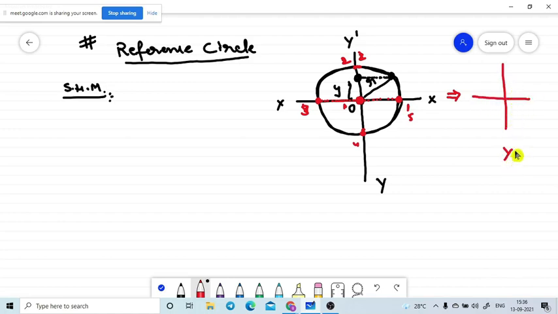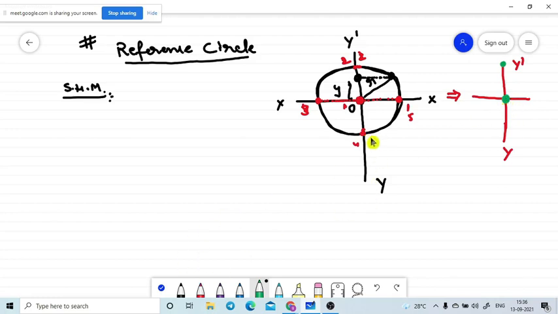Let me take this as the y dash axis. At point 1, the particle is at center O. At point 2, the projection of the particle is somewhere here. At point 3, the projection of the particle is at the center only.